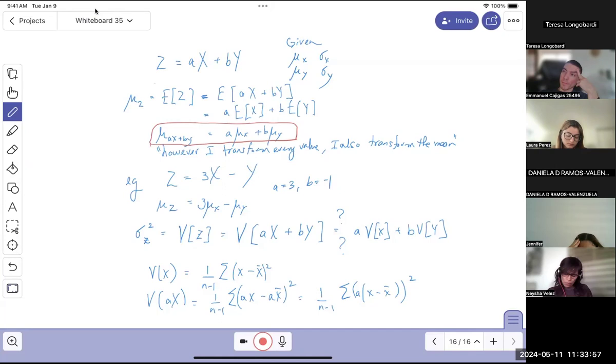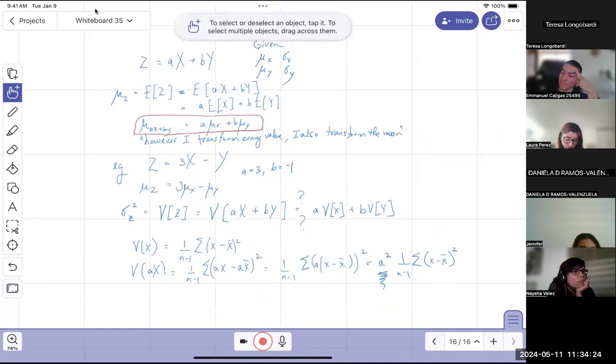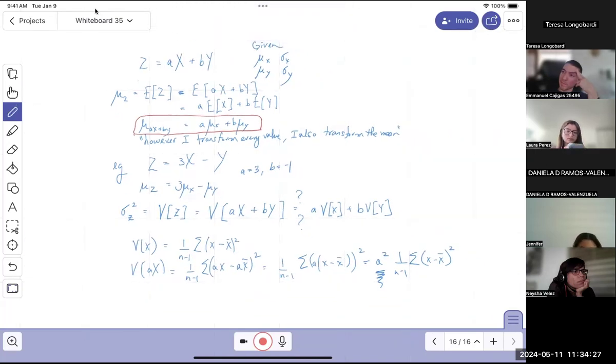Just like I had to square the deviations from the mean, I have to square the scalar in front. Okay, it also gets squared. So it's going to be here by itself, away from everything else, but it had to be squared. So VAX is equal to A squared VX.